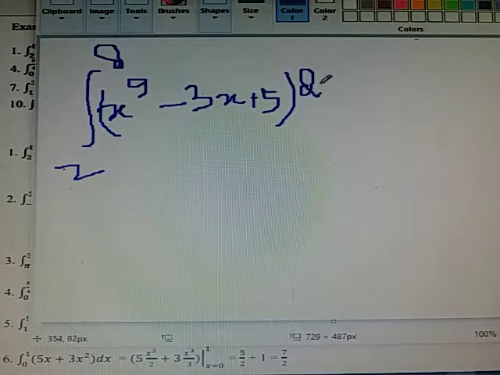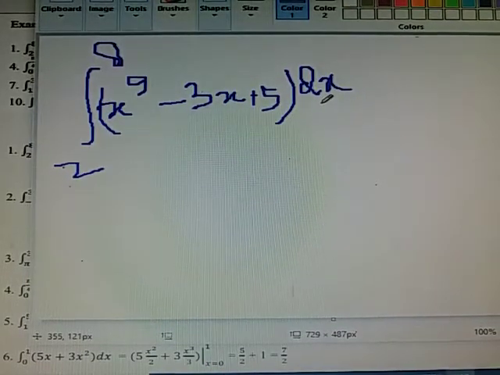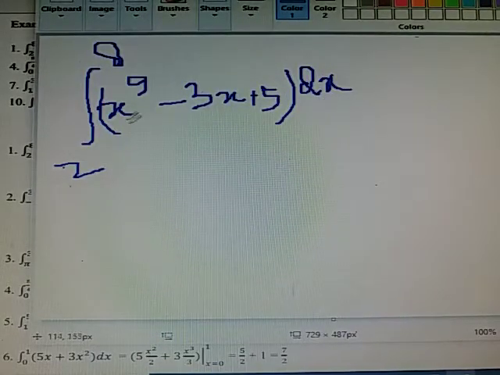You will learn in indefinite integral also that when you write some function to integrate, this dx must be there. Without dx, it will be wrong. So dx means you are integrating with respect to x. x is the independent variable, and x to the power 9 minus 3x plus 5 is a functional value of x. This you have to integrate, evaluate, and find the value.